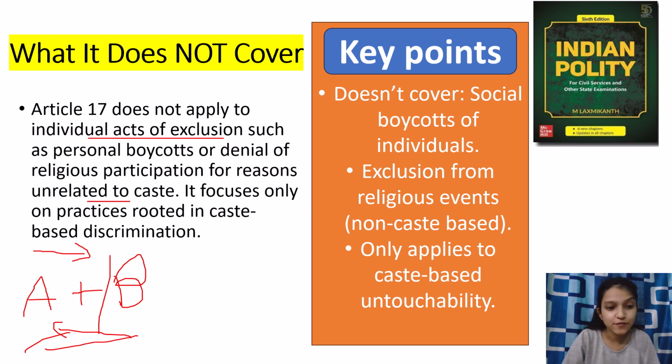This kind of example will not fall under discrimination. A cannot sue his own family by saying that they are discriminating against him on such grounds, because this kind of personal interest is not covered under this act. It is only applicable to real caste-based discrimination. Other than that, for individuals' own interests, this will not be applicable.